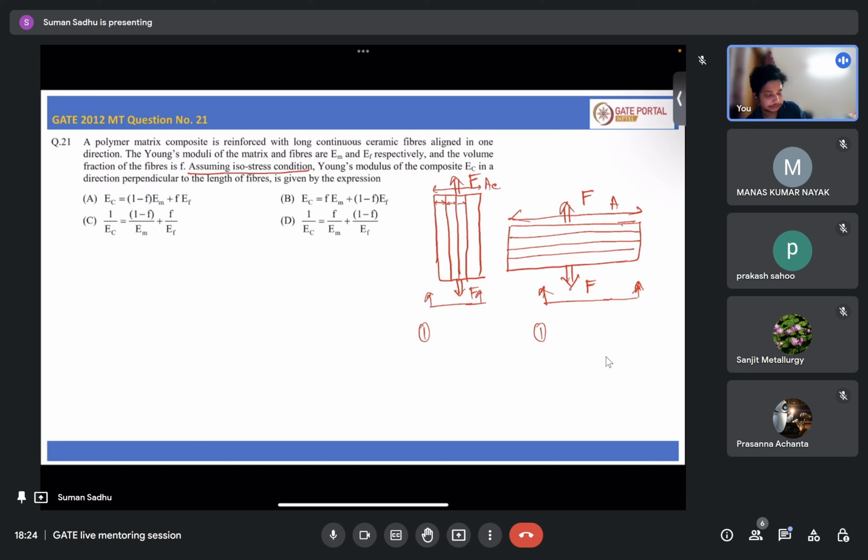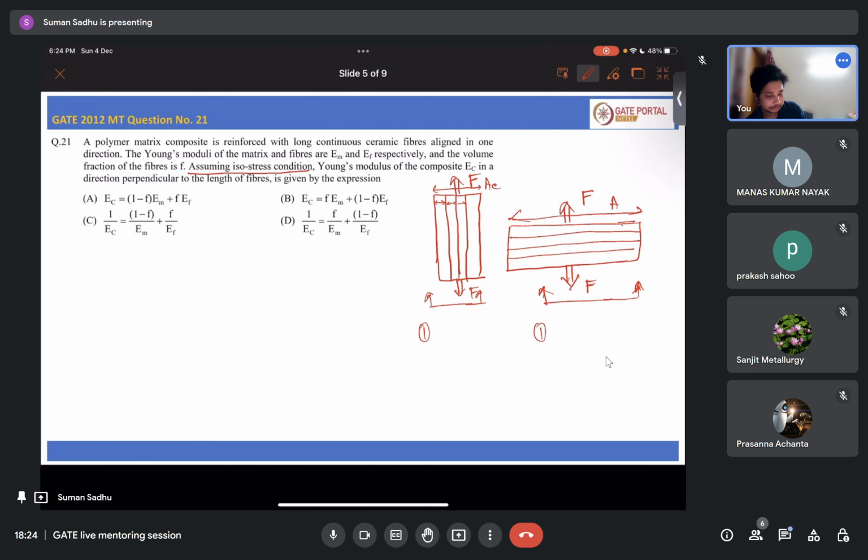It will not be equal to AC, right? So let's say the area of the matrix is AM, and the area of the fiber is AF. And in this case, the area of the matrix and the area of the fiber will be the same, right? Because it is in the transverse direction.